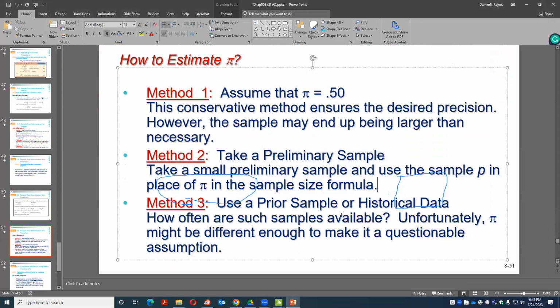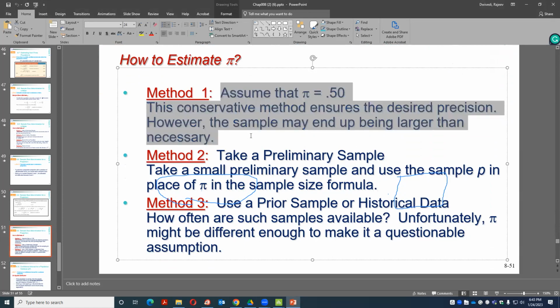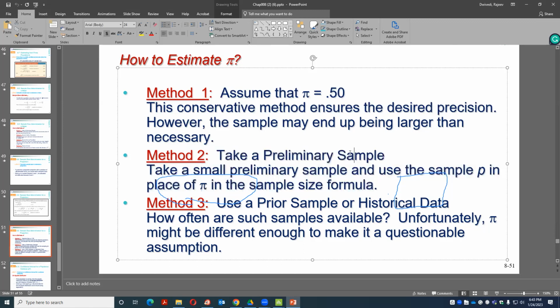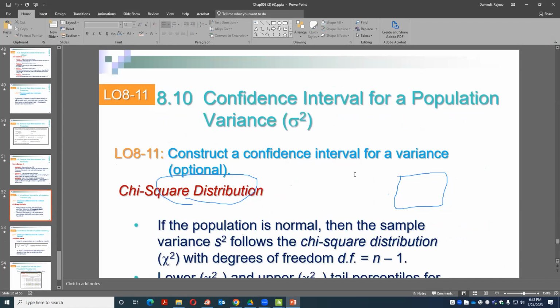So how to estimate pi? Rule of thumb: if you don't have anything, use 50-50. Second, take a pilot sample, and third, use historical data. We did many questions like this in the binomial distribution. So this is the method.